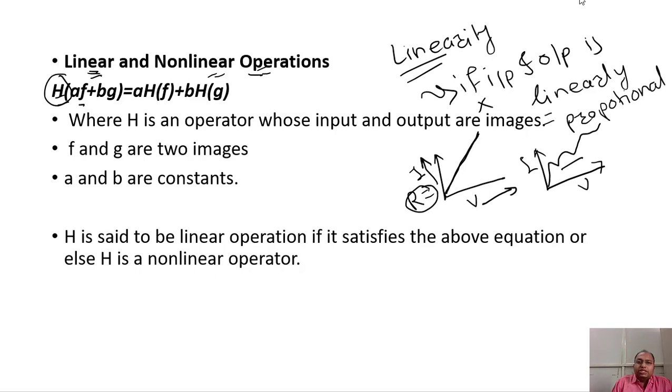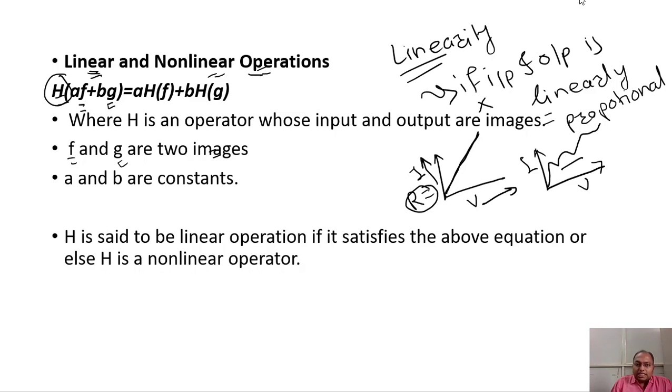Let us say F is an image and G is an image, right? So over here they have mentioned two images, image F and image G, on which we are going to perform some linear operations.